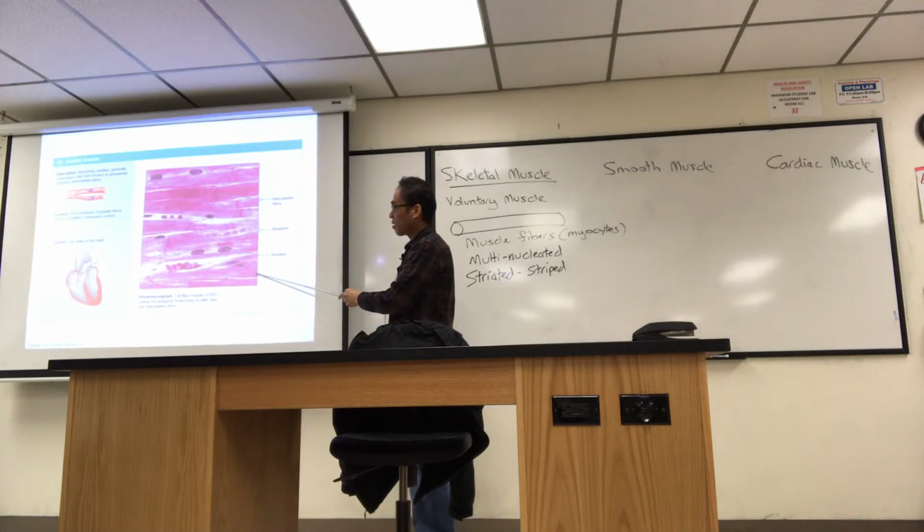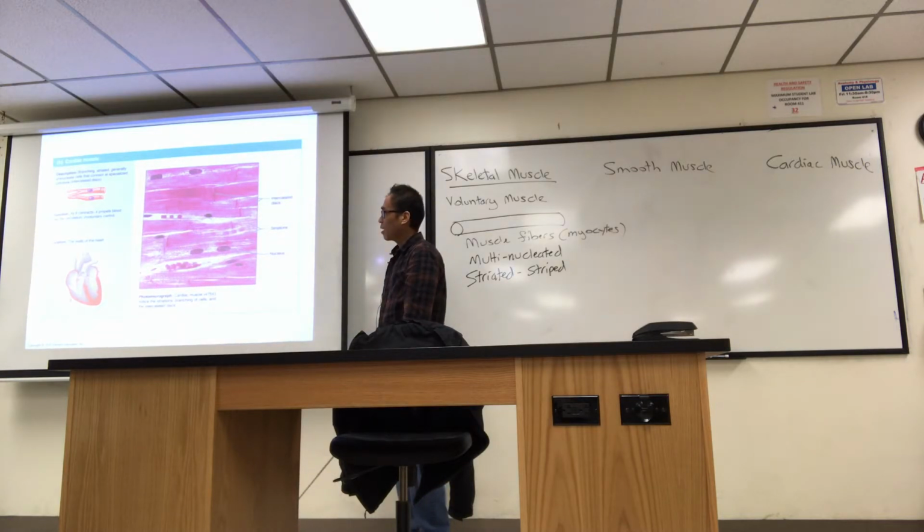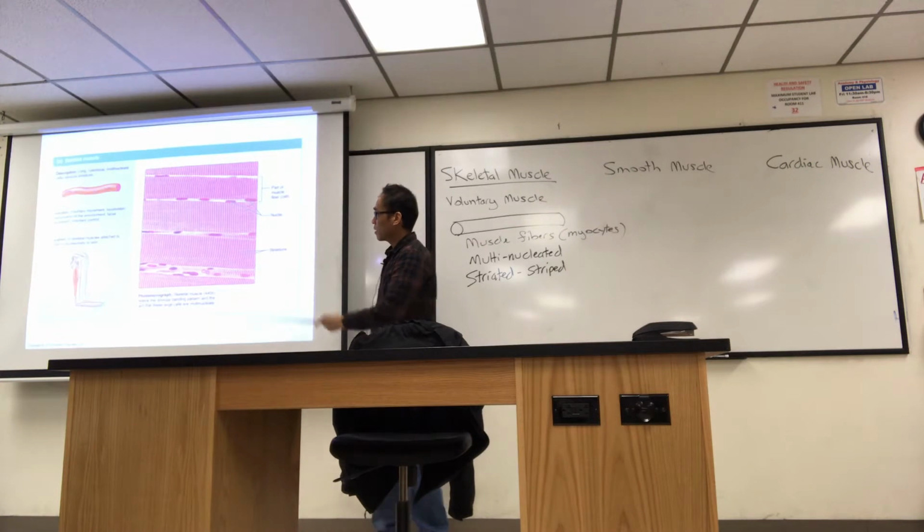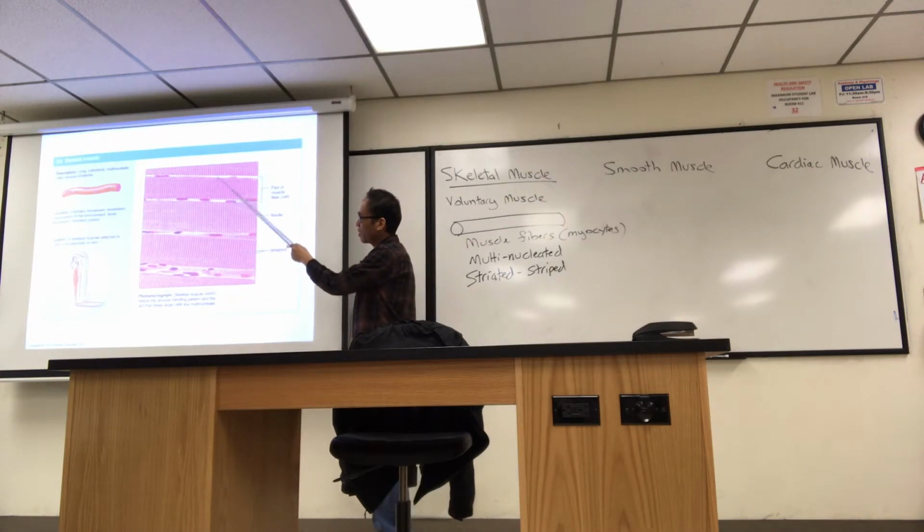Moving on to cardiac muscle, it looks very similar. One thing about the muscle fibers is they're more branched, whereas they're more parallel in skeletal muscle.